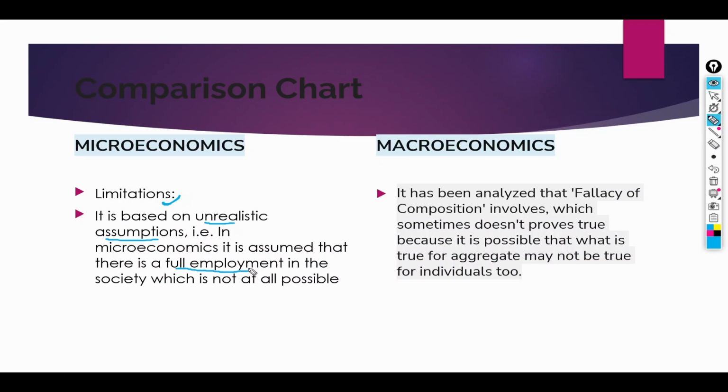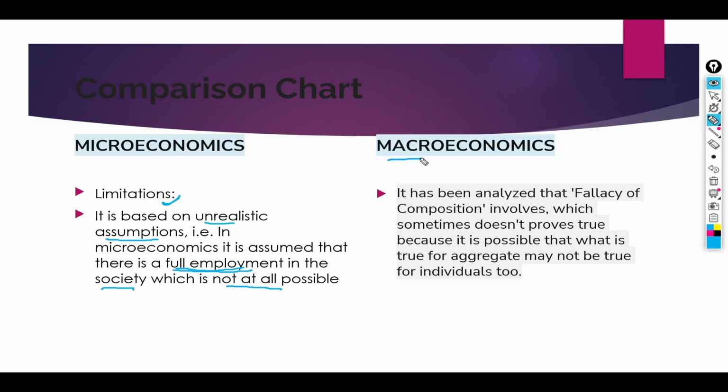So you can understand how this assumption will cause error in calculating the microeconomics values, because we are assuming a fully employed scenario in the society, which is not at all possible. So this is one of the limitations while analyzing the economics in micro perspective.